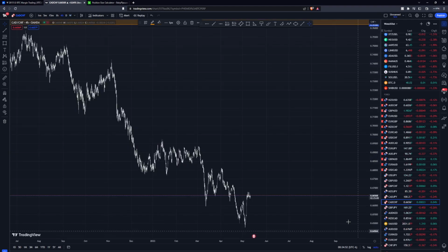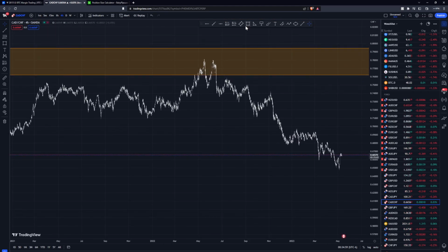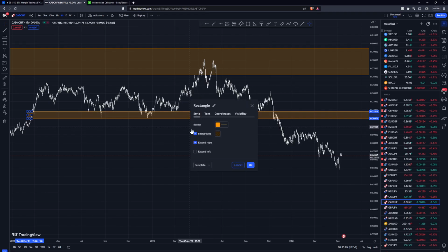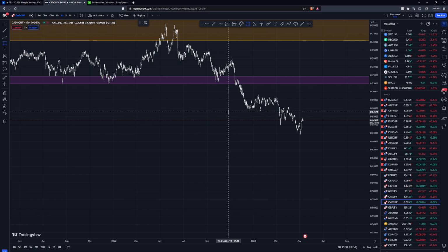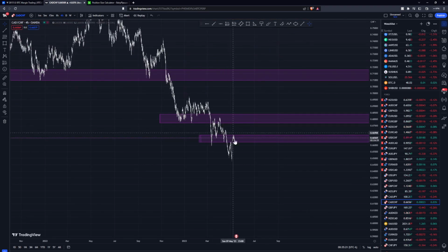I might want to drill down a little bit more and get a little bit more detail on the 4-hour chart. So I mean, these are some pretty recent zones.